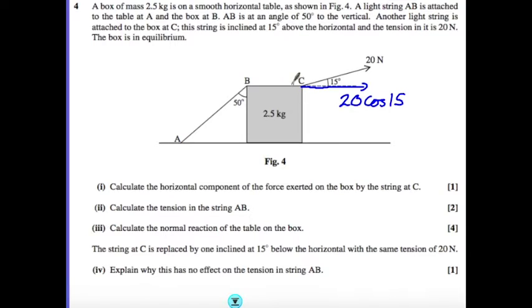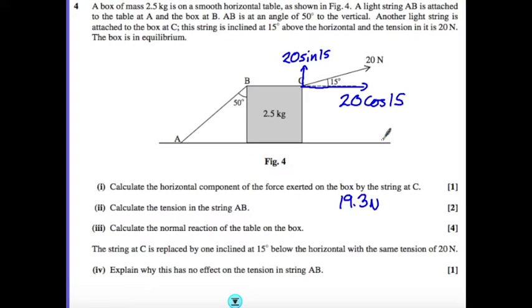Okay, now I can't help myself. I know they haven't asked us for it, but I also want to say that's 20 sine 15. So if we've already resolved one, we might as well resolve the other while we're here. So cos 15 times by 20. So it's three significant figures. That's 19.3 newtons. But on our diagram, we'll leave it as an exact answer.